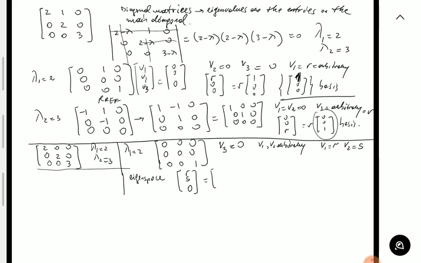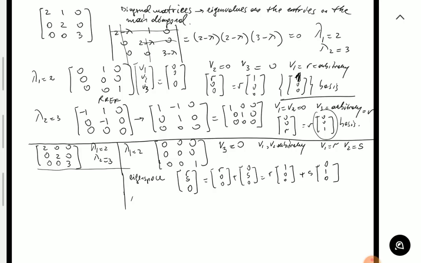In order to extract the basis of the eigenspace, you basically have to write it as a linear combination in r and s. The easiest way to do it is to split it like that, so you have only r on one side and s on the other. Pull the scalar out. And so that gives you the basis of the eigenspace.